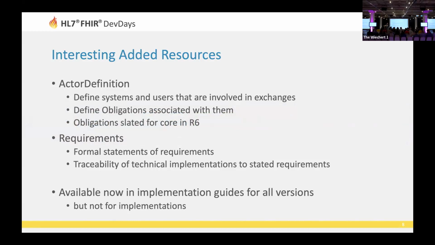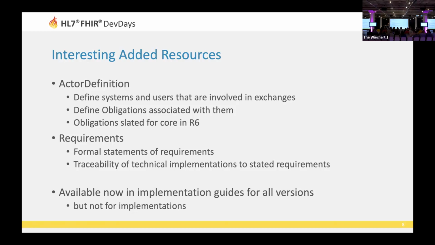And we can also define requirements, which are formal statements of requirements in a classic requirement sense. And then we can trace where the requirements come from, and also which requirements led to which features of the implementation: capability statements, profiles and value sets.